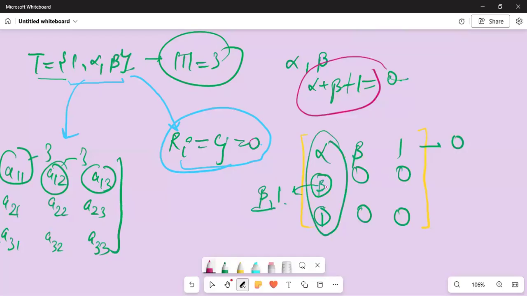Okay, now since you have selected this was your choice. What about the other 4 positions? Okay, now this is beta and this is beta, and every element should appear just once in any row or any column. So this is beta, so I can't keep beta here. So what is the other option?